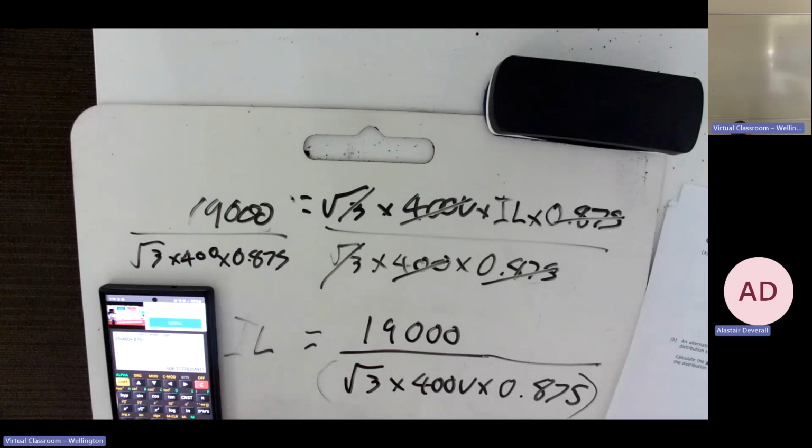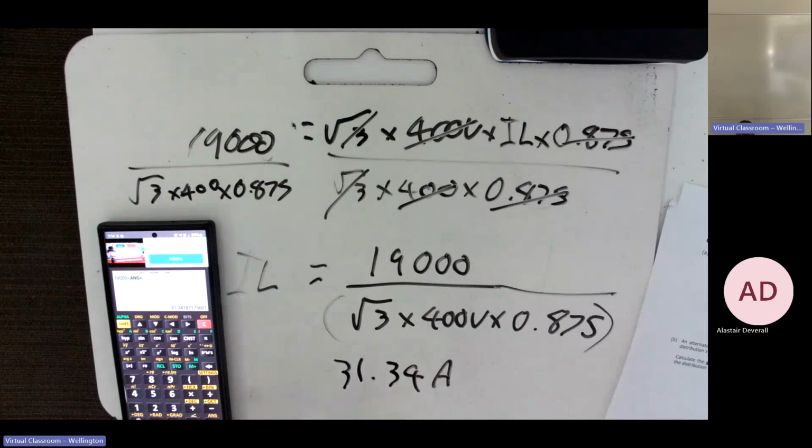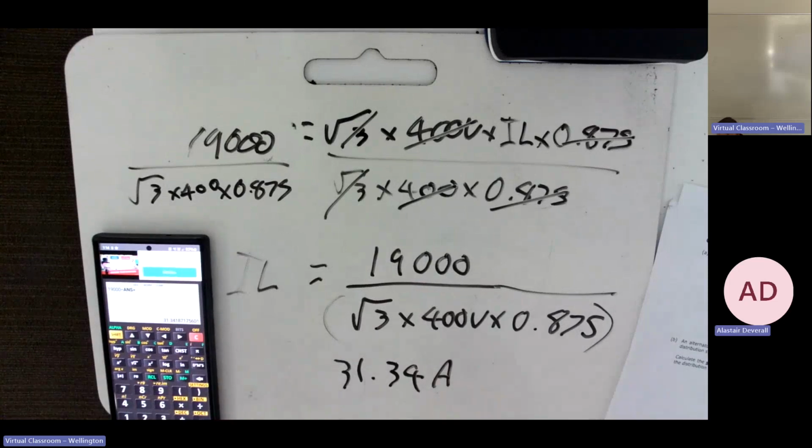And we get 606.2177. We get our 19,000 divided by shift answer, shift equals to get the answer, and we get 31.34 amps.